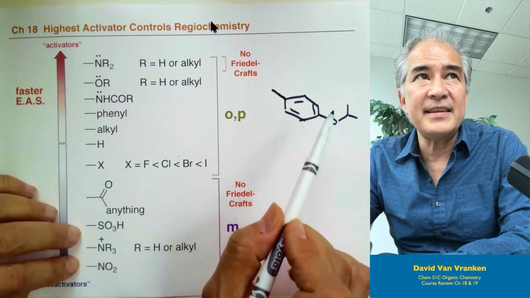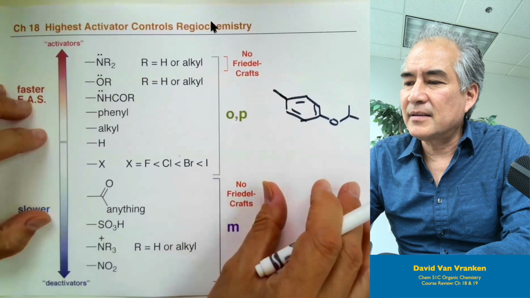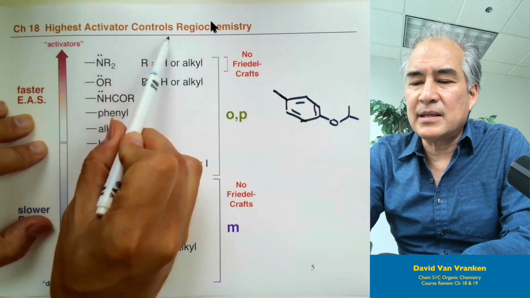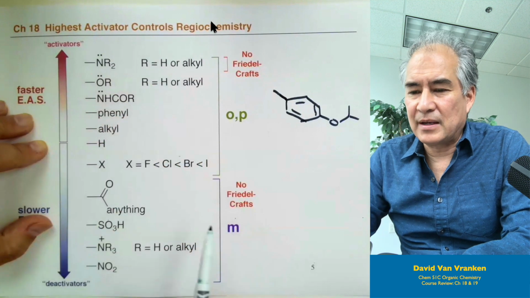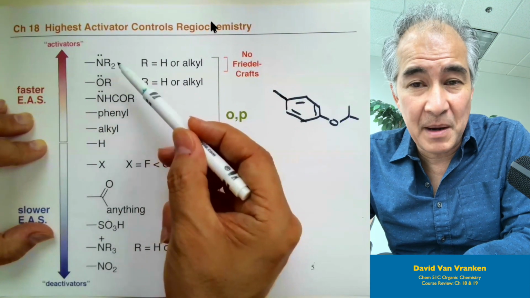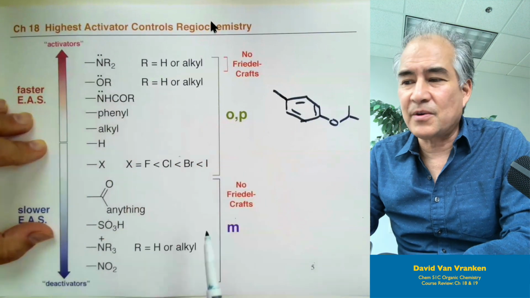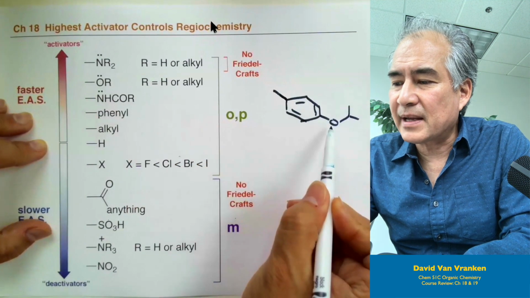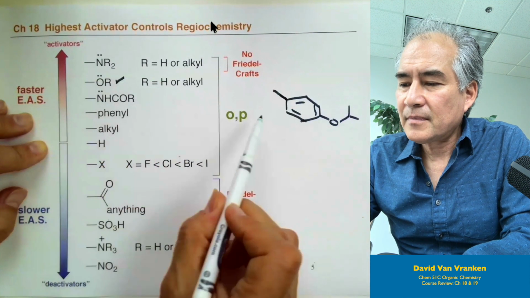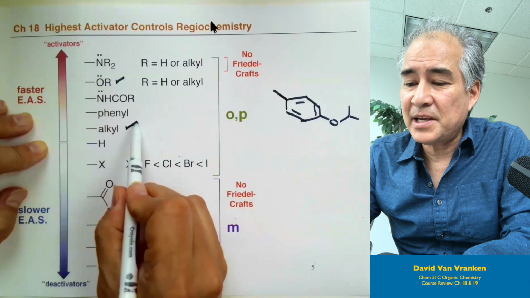In order to decide that, the rule is that if you've got two substituents on there, the most activating substituent controls the regiochemistry. So the substituent that is higher on this ranked list that I told you to memorize is the one that controls the regiochemistry. So let's look at this benzene ring. It's got an oxygen substituent, that's OR, and it's got an alkyl substituent down here.